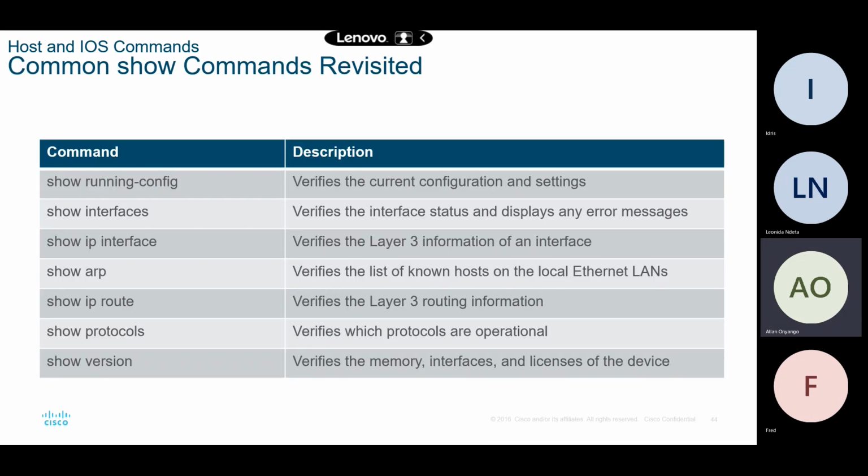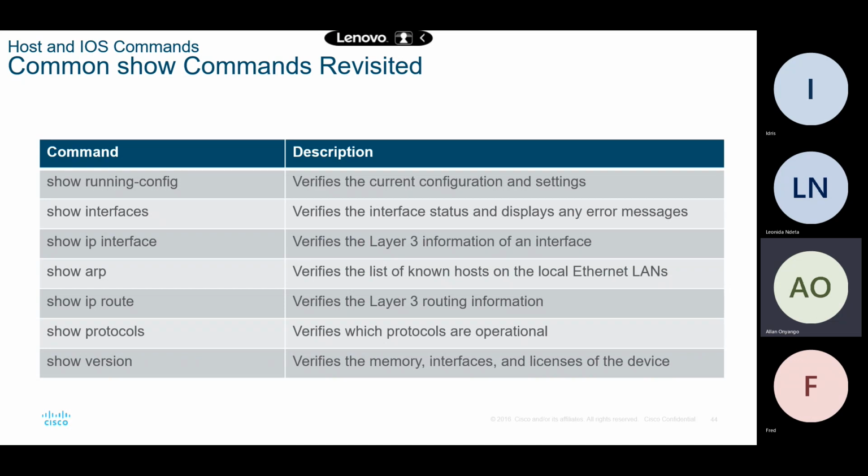Very, very important. Of course, we have been talking about some of these commands. To view the running configuration file, just say show running-config. For your information, all show commands must be put at the privilege exec mode. So show running-config, show interfaces, which verifies the status of all your interfaces.